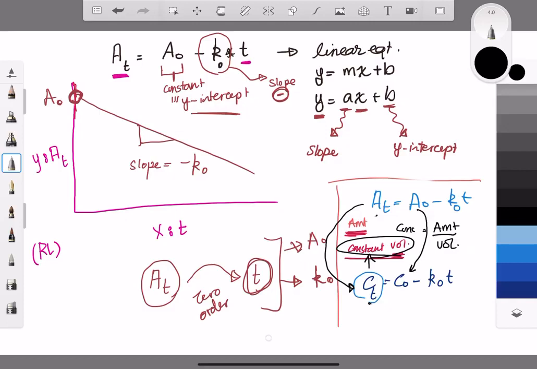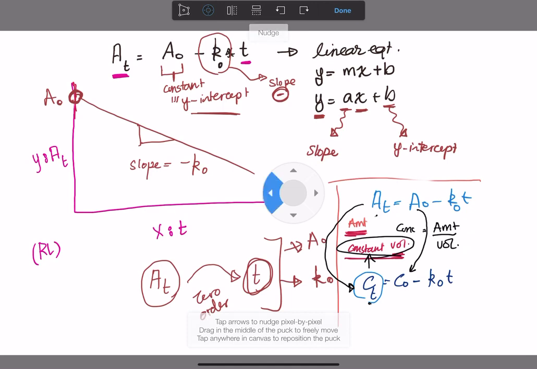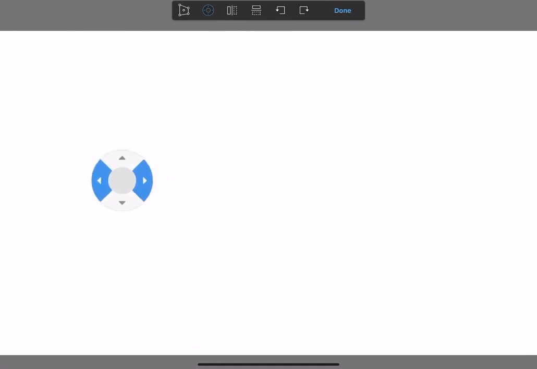Okay. And the same thing for the graph. I will just sketch it in a second.